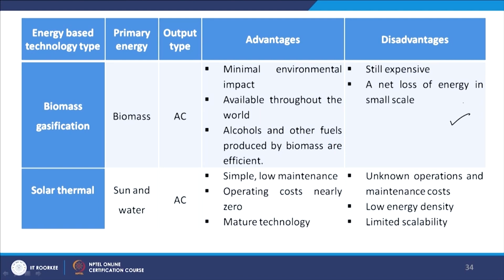Next, let us concentrate on solar thermal, using sun and water. The output type is AC, it is simple, low maintenance, operating cost nearly 0, mature technology, and the disadvantages are unknown operations and maintenance cost, low energy density and limited scalability.